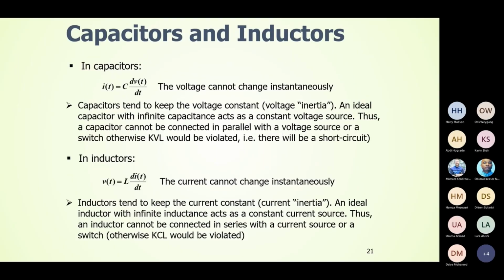Now, before understanding the operation of the DC-DC buck converter, you have to understand two things. A capacitor is actually a constant voltage source. An ideal capacitor with infinite capacitance acts as a constant voltage source. So a capacitor cannot be connected in parallel with a voltage source or a switch, otherwise KVL would be violated.